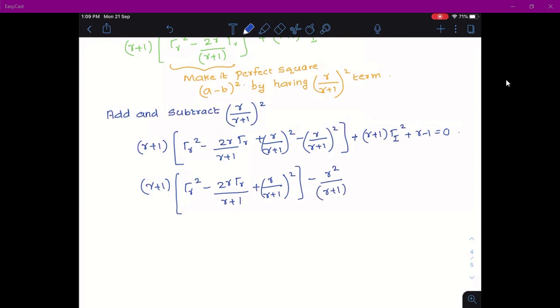Because when you take this out, you will get multiplied by r plus 1. Then you have plus r plus 1 tau I square plus r minus 1 equal to 0.